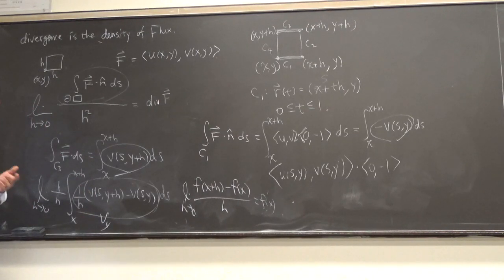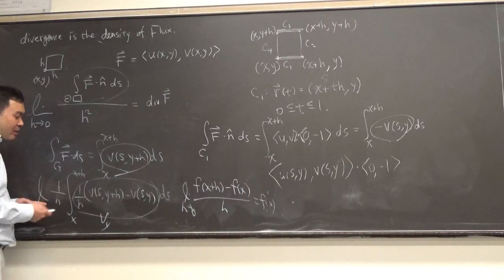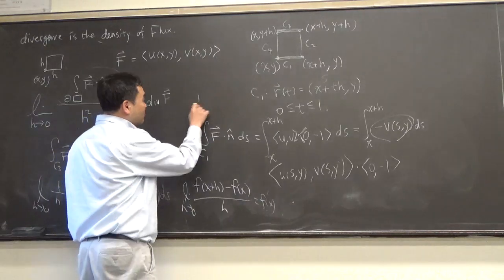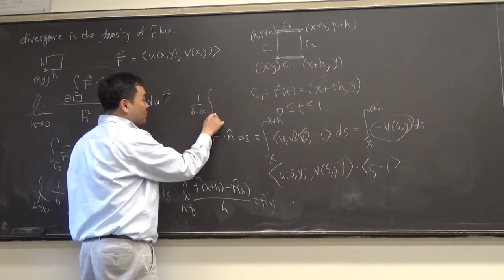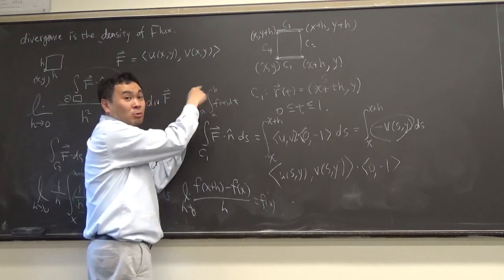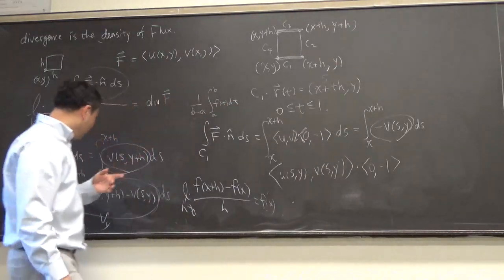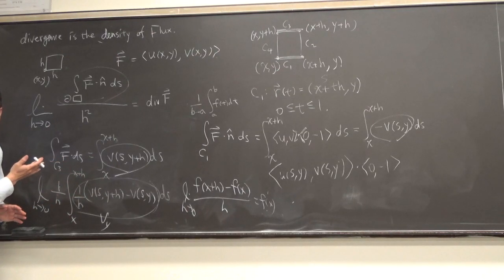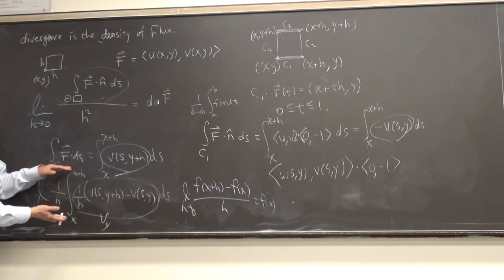Okay? And then the outside should be thought of as the average value. So you know that 1 over b minus a, the integral from a to b of f(t) dt, is called the average value, right? So you're taking the average value in the x direction, but you're decreasing the interval to 0.